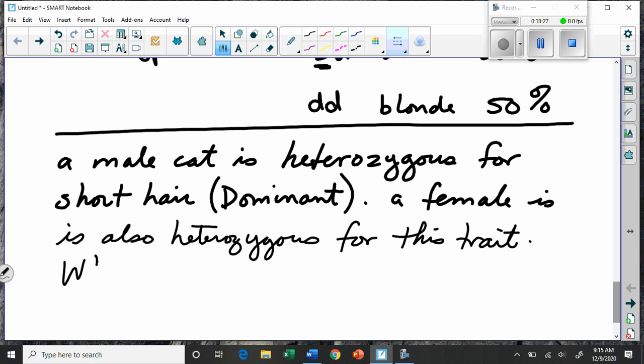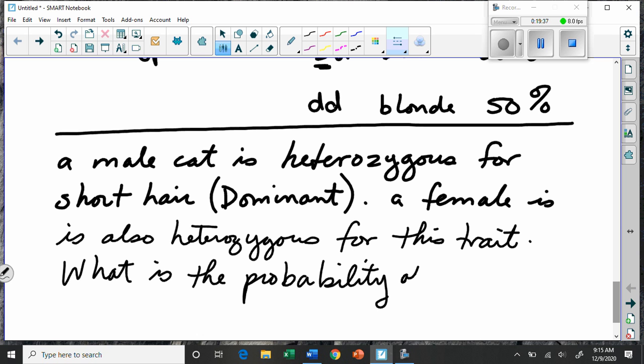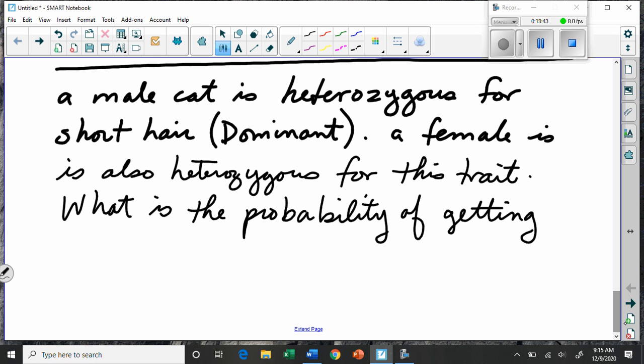What is the probability of getting a long-haired cat from this cross?